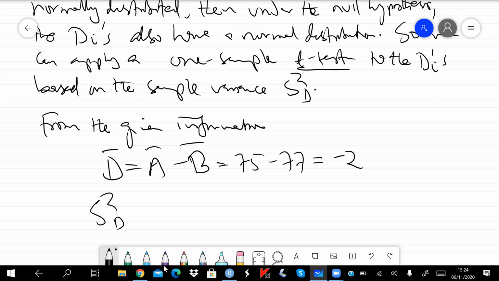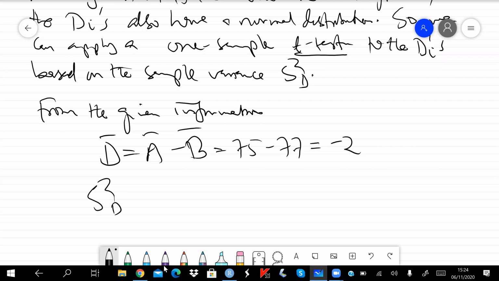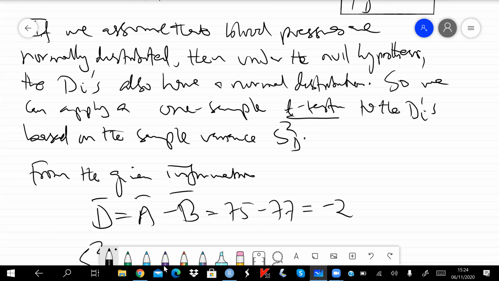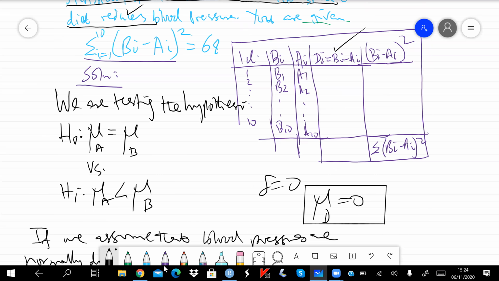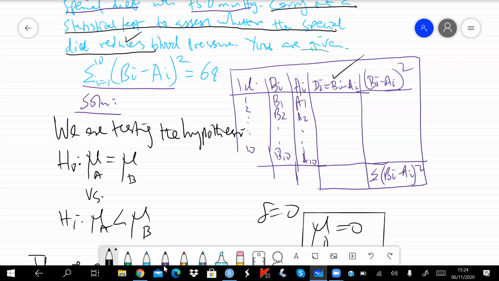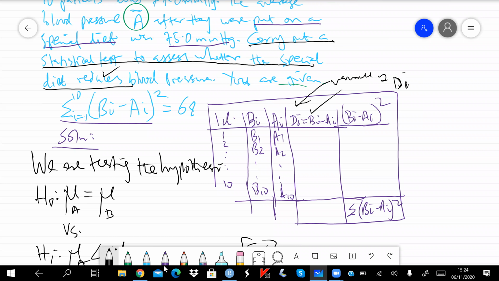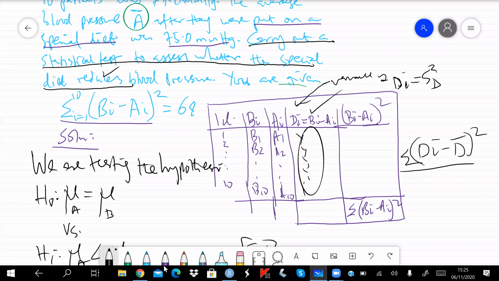Then S squared of the difference. Remember, we have some data in a table like this in the background, and we're trying to find the variance of the DI column, which we call S squared of D. To find it, you take the DIs minus D bar, square, sum, and divide by n minus 1.